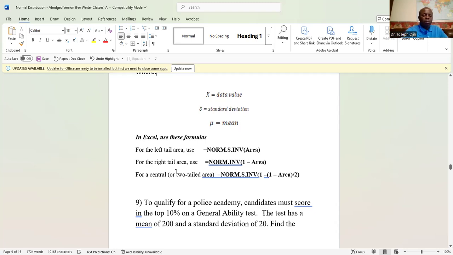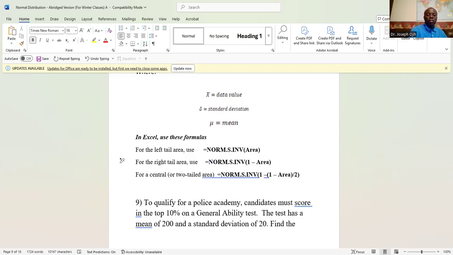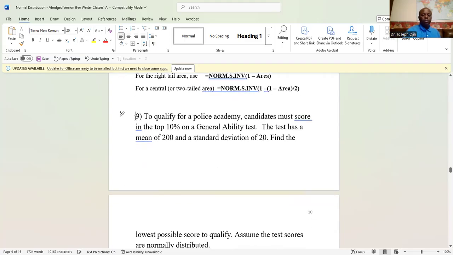For the right side, you use NORM.S.INV of 1 minus area if it's on the right tail. For two tails, you use NORM.S.INV of 1 minus area over 2. Let us try this for some questions.